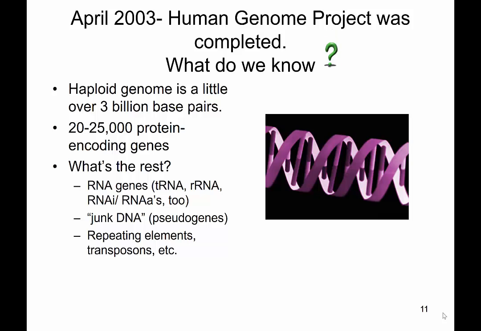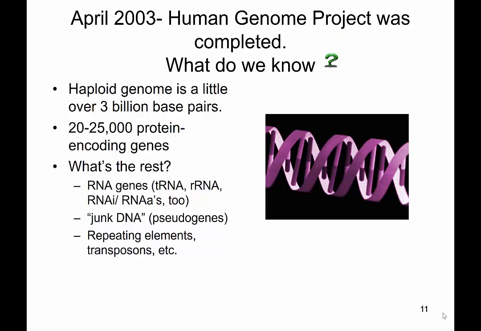And so scientists called it junk, and I wish they wouldn't have done that. They said it was a lot of false genes, pseudogenes, repeating elements of DNA. And actually, since then, we've learned a lot of the human genome isn't junk at all. Some very clever scientists said, well, if it's junk, if I delete it from the genome, the cell should still function, and organisms should still result.